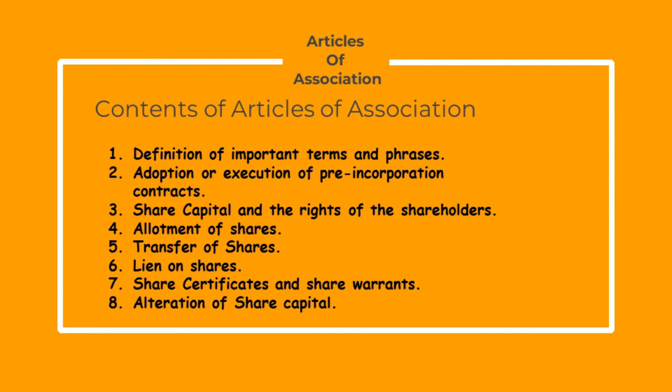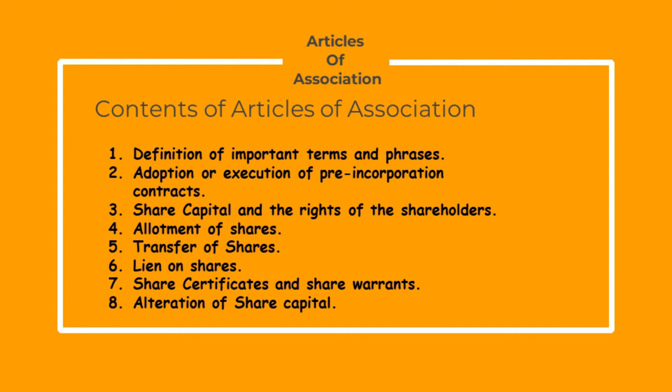An alteration which constitutes a fraud on minority shareholders is inoperative and without any legal effect. So articles cannot be so altered as to deprive the minority shareholders of their rights.